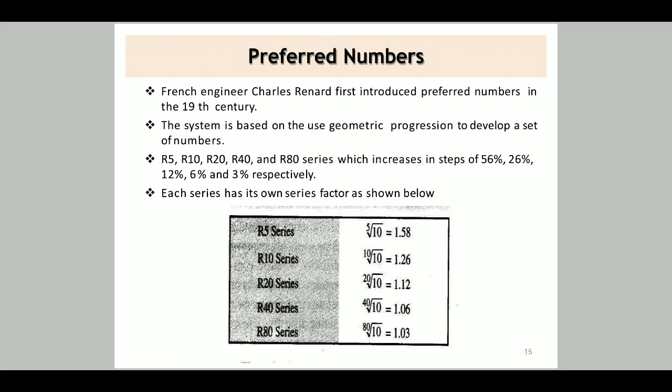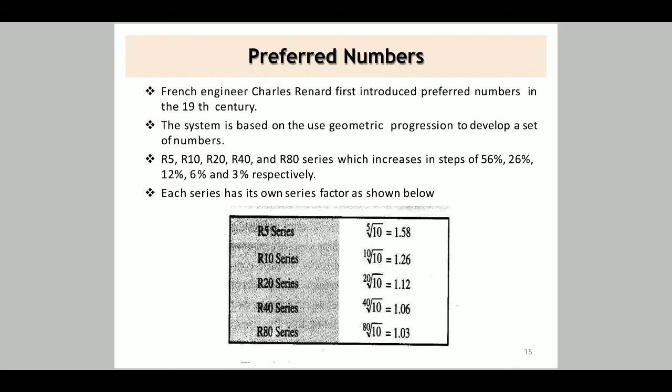Each series has its own series factor as shown below. For example, R5 series means fifth root of 10, R10 series 10th root of 10 equal to 1.26, R20 series, R40 series 40th root of 10, and R80 series 80th root of 10 is equal to 1.03.